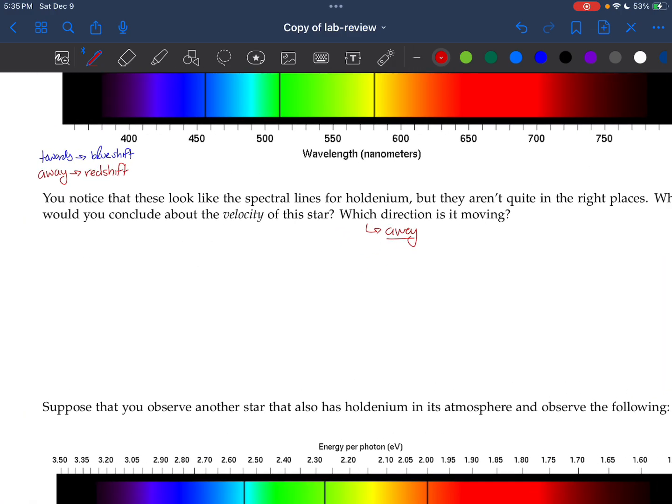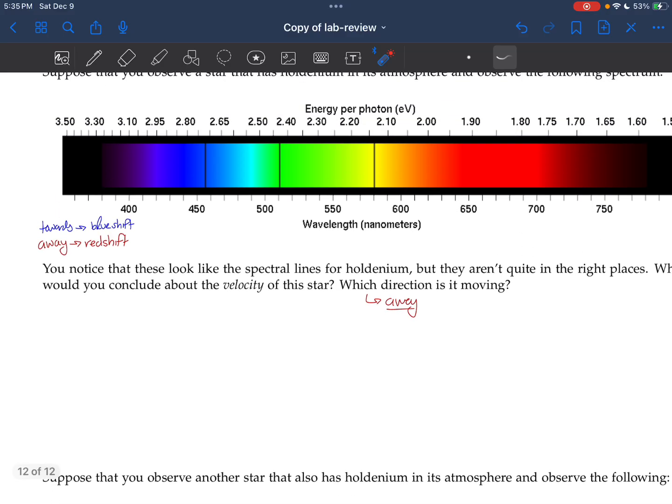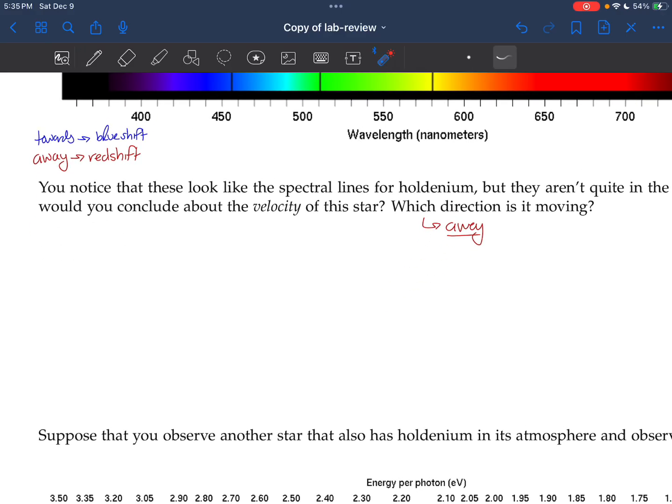If I wanted to conclude something about the velocity of the star, right off the bat I'd have to say it's moving pretty fast, right? Because I don't see redshift if a car is driving down the road. It's not going to look a different color if it's moving away from you than if it's moving towards you. So the velocity has to be pretty fast.